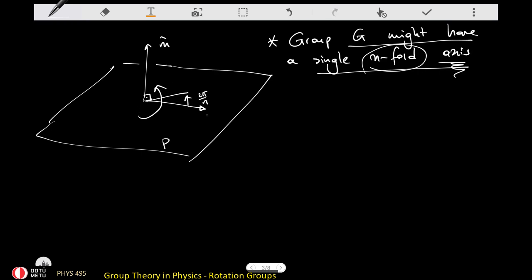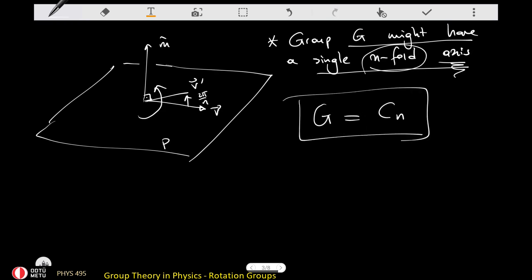That implies that any vector in here would be converted to another vector by just rotations within that plane. As a result, you can then think of this group as a subgroup of SO2, in which case we know that this group is basically the cyclic group. I'm just going to use equality in here instead of isomorphism, but I'm essentially talking about the structure of the group.